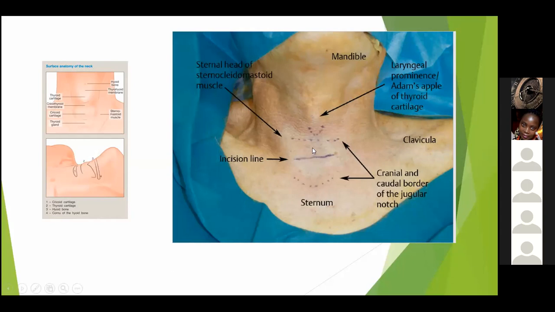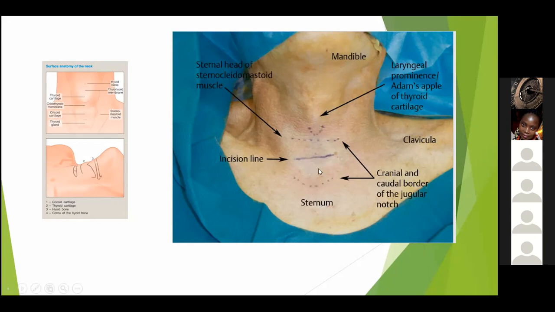We estimate that at that point, you're away from the cricoid cartilage, and you're going directly onto probably the second and third tracheal rings. So on the surface, what you need to consider is the laryngeal prominence, and then the notch of the sternum here, and midway, that is where your incision site is going to be.